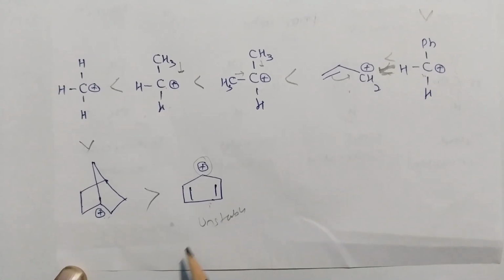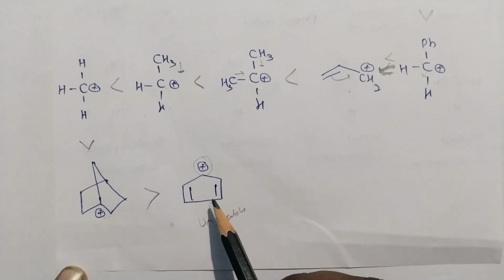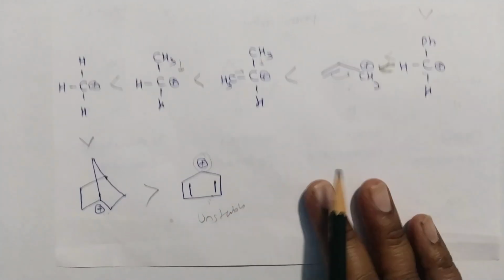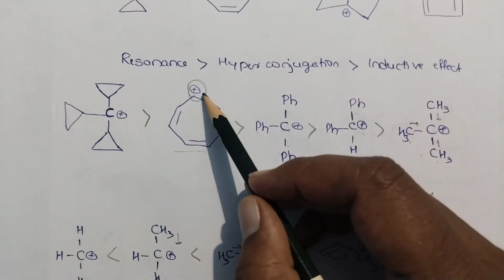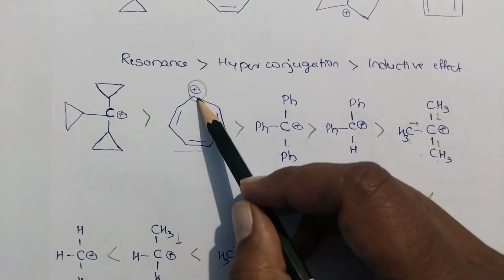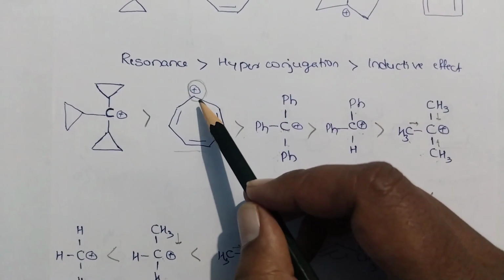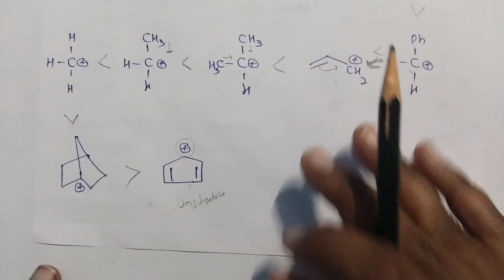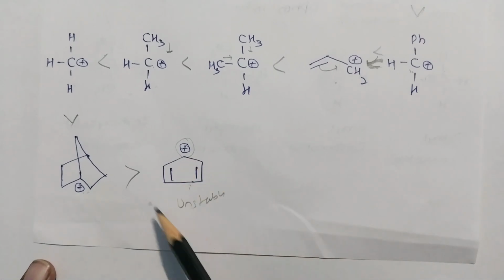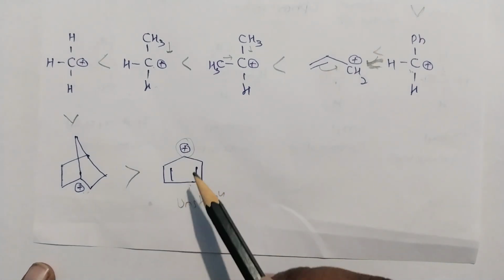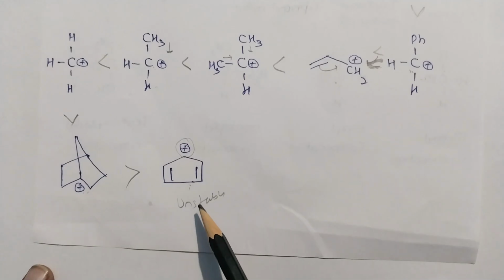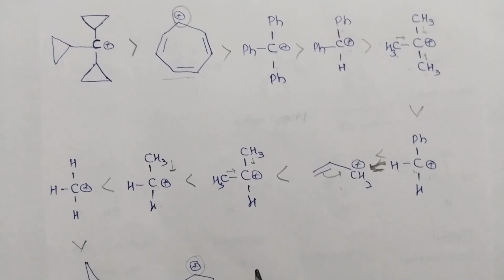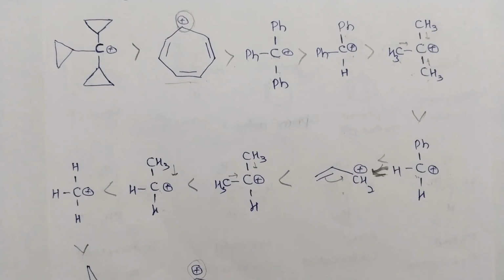Because of this positive charge, this carbocation gets the stability and gets the aromaticity, so that it is highly stable. Because of this, this carbocation is unstable, hence this is anti-aromatic, hence it is highly unstable. Okay, this is the stability of carbocations.